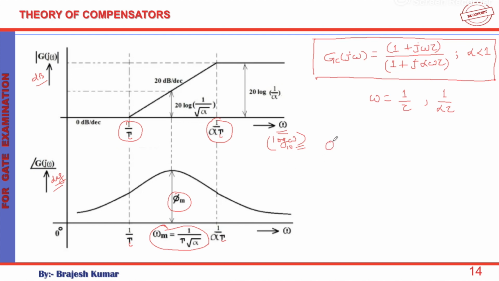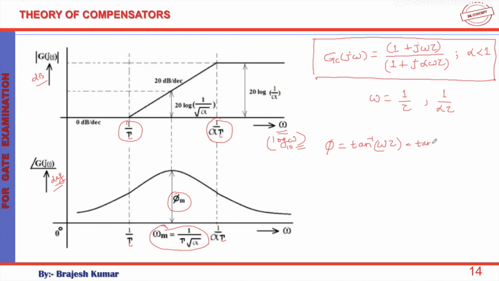So first write the equation for phi. We have already written it previously also. So phi will be equal to, according to this equation, j omega tau, so tan inverse of omega tau divided by 1, that is, the imaginary part divided by the real part, and the denominator is alpha omega tau, so the imaginary part is alpha omega tau divided by 1.